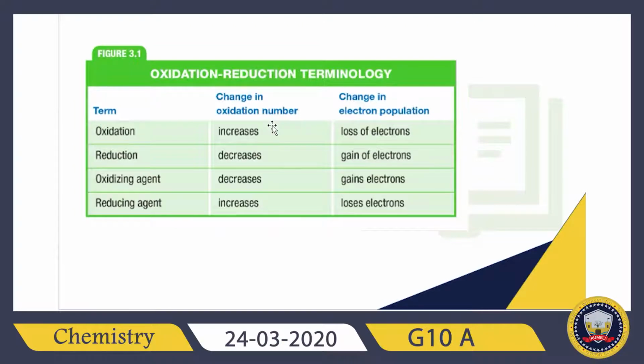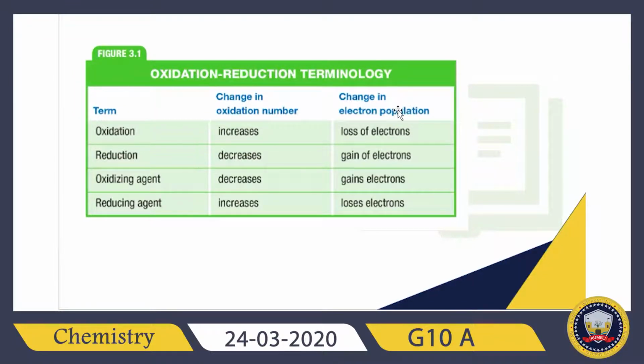Figure 3.1, oxidation reduction terminology. You should remember that in oxidation, I explained this to you before. Oxidation is loss of electrons. For example, Na with oxidation number 0 yields Na plus 1 and an electron. So what happened to the oxidation number? It increases.